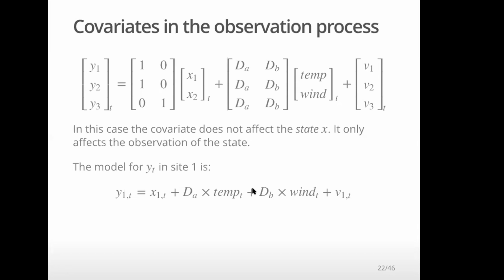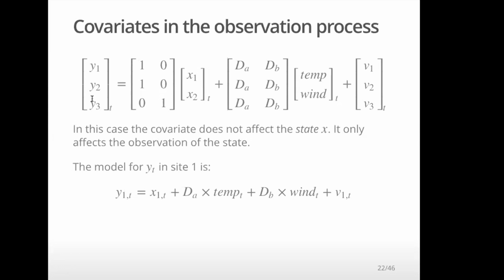So let's see what this looks like. I've got these two hidden states, and in this example, I have three different observations. My first two observations are observing the first hidden state. So for whatever reason, I have two different sensors or two different syntheses of that hidden state. And for the last one, I only have one observation.